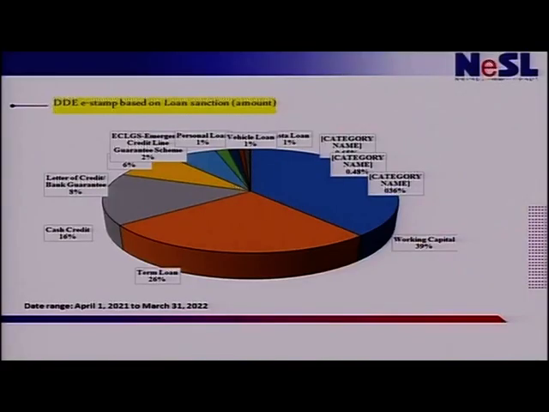Now I also give you some statistics about the loan disbursement by way of amount. If you see the amount-wise breakup, the maximum segment here is the non-individual segment. As we can see, working capitals comprise the largest segment, and term loans also comprise a large segment of 16%, and we also have cash credit of 16%.